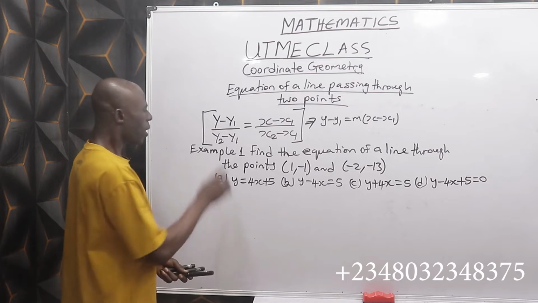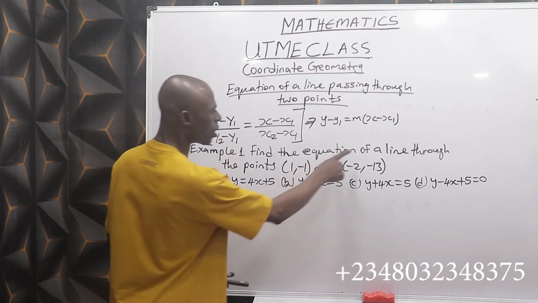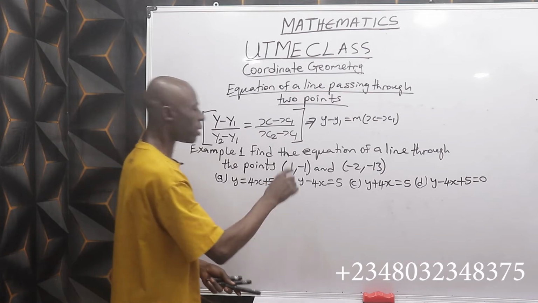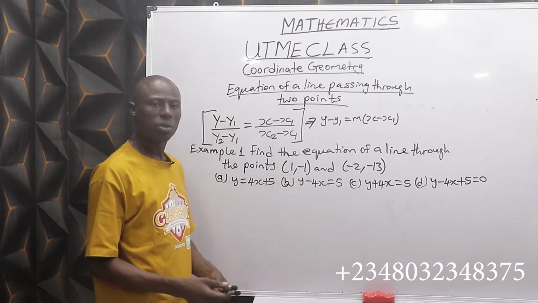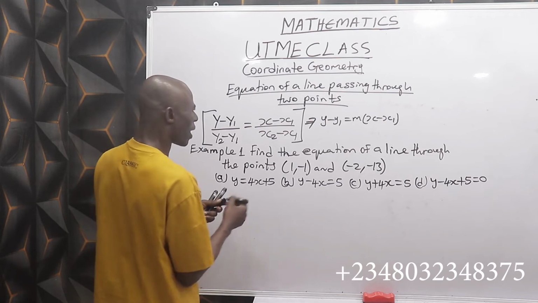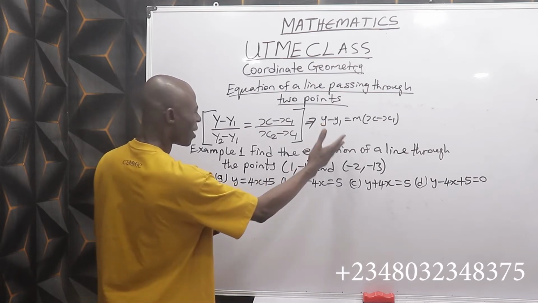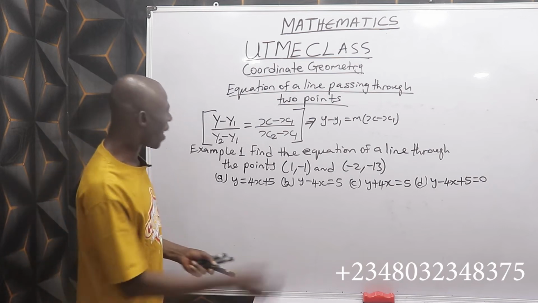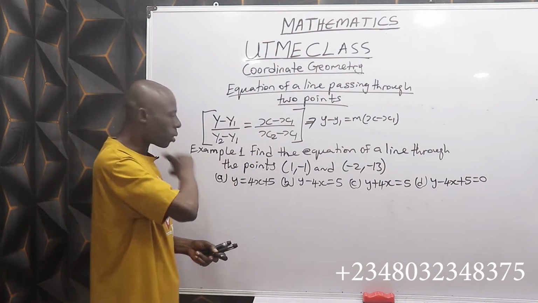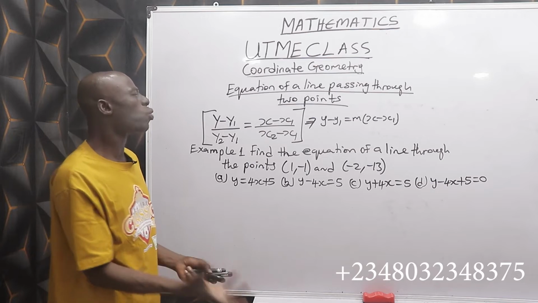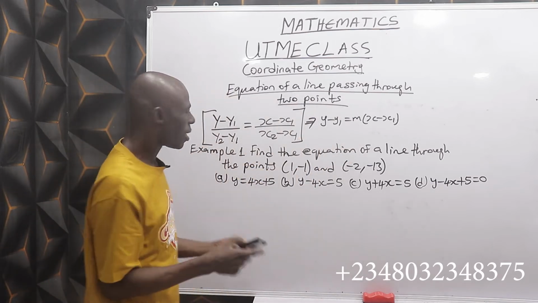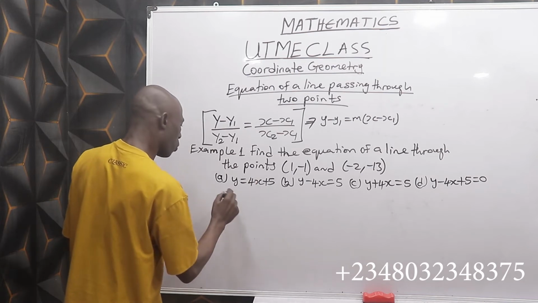So let's go. Example 1. Find the equation of a line through the points (1, -1) and (-2, -13). Since you are given 2 points, it is expected of you to use the 2 points either directly in this formula to get the equation, or use the 2 points to get your m, the gradient. How? See what I want to do.